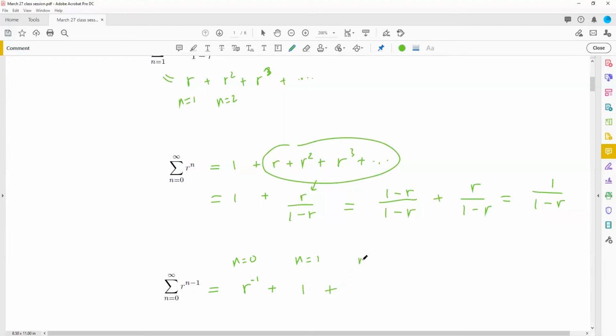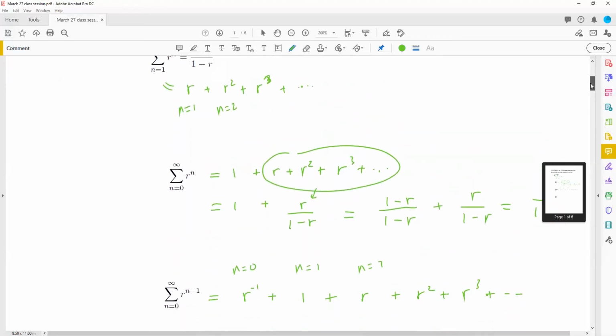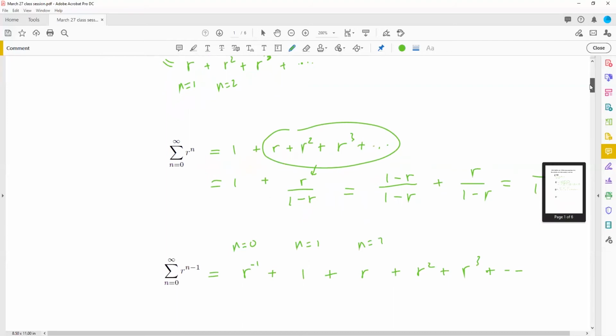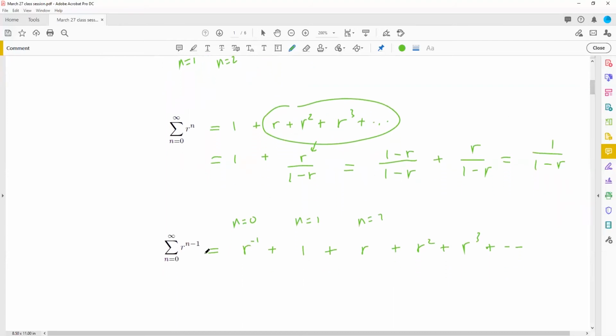And when n is 2, you have r. And then it just keeps going up from there, right? So in this case, it's good to write down the first few terms and see what's going on.